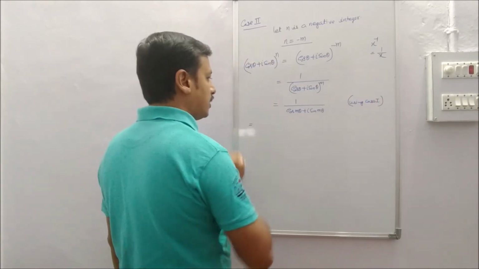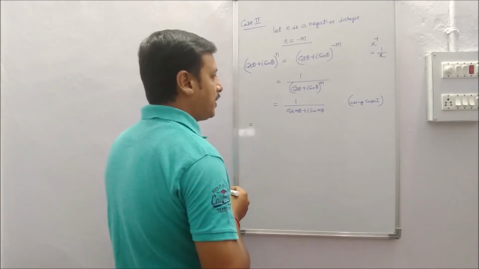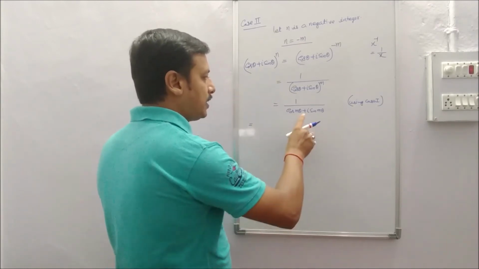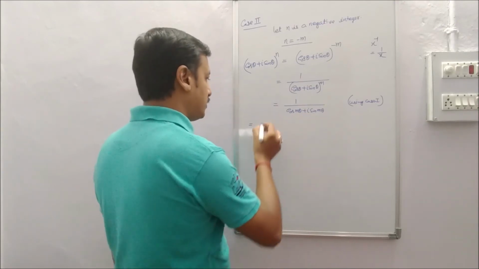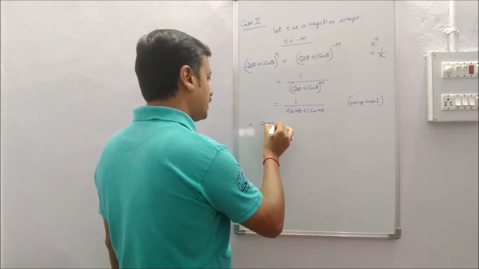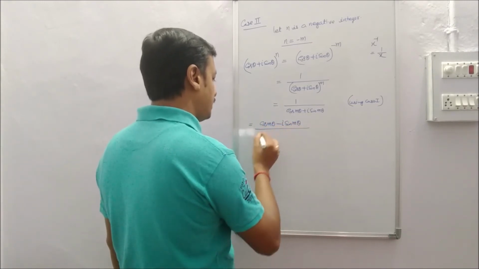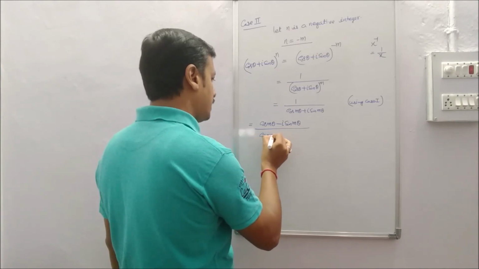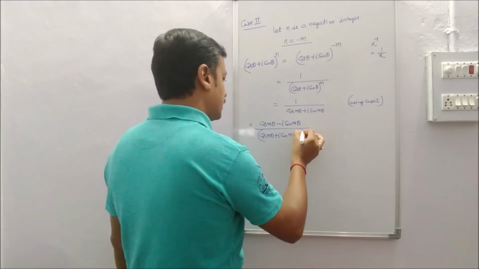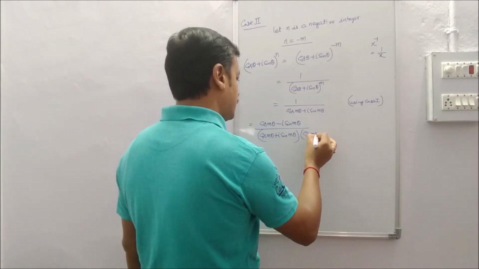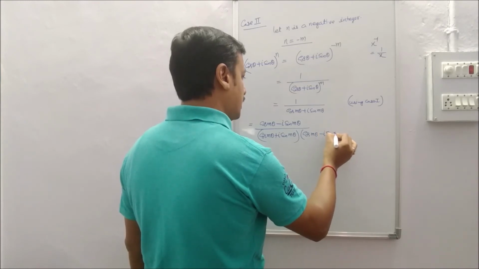Now, by the method of rationalization, multiplying numerator and denominator with the opposite sign of the middle part, it is (cos m theta minus i sin m theta) divided by (cos m theta plus i sin m theta)(cos m theta minus i sin m theta).